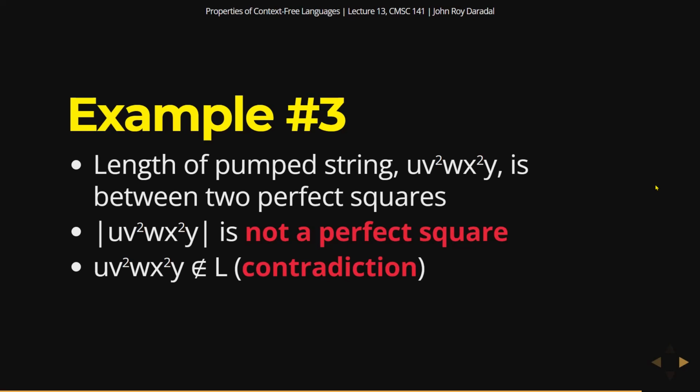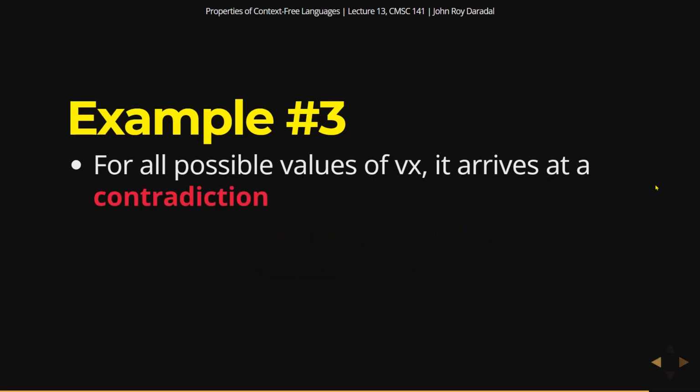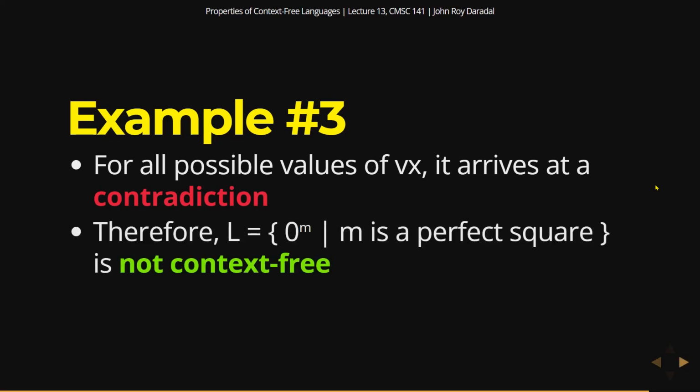Okay, so this is a contradiction, and so for all possible values of vx, we arrived at a contradiction, because we looked at the minimum possible and the maximum possible, so everything in between will also be invalid. Because we arrived at a contradiction, we have proved that the language 0^m, where m is a perfect square, is not context-free. Okay, so that is how you use the pumping lemma to prove languages to be not context-free.